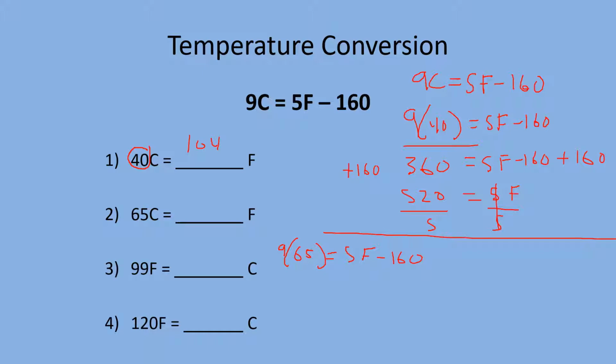What is 9 times 65? 585 equals 5F minus 160. Let's add 160 to both sides. 745 equals 5F. And then we just divide by 5. Very good. And then 149. Still too hot. 40 degrees is hot. 65 degrees is death.